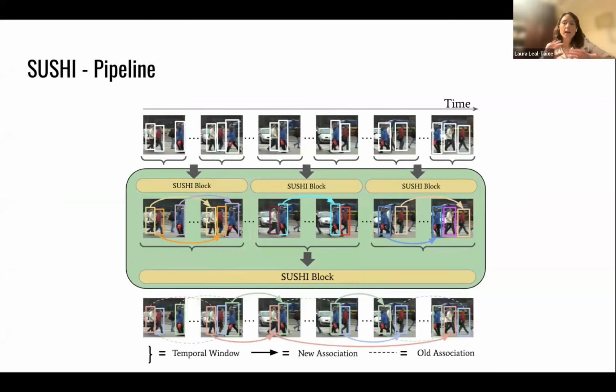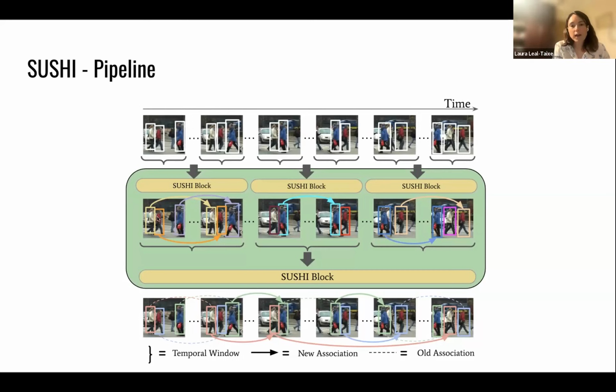So again, a little bit of an overview of the pipeline. We have our detections as input, right? So this is still a tracking by detection method. We have our Sushi block, which acts at the first level on just 5 frames. And from these 5 frames, we obtain the trajectories.